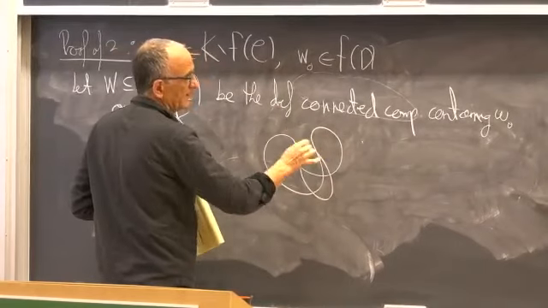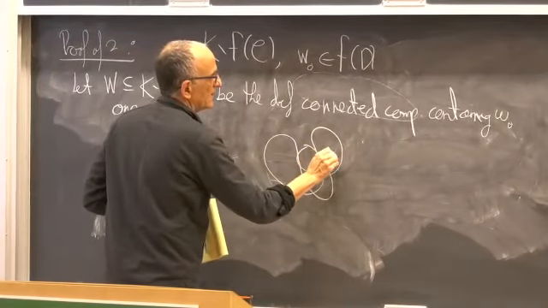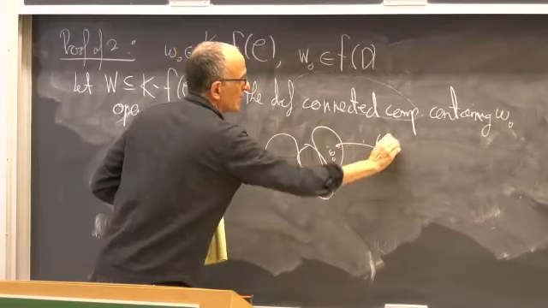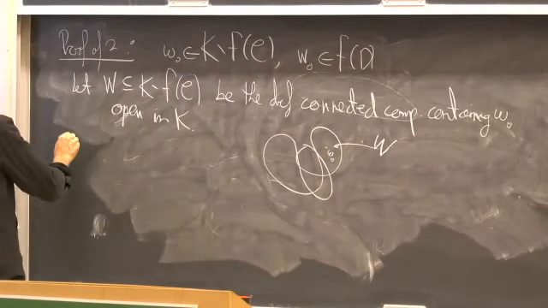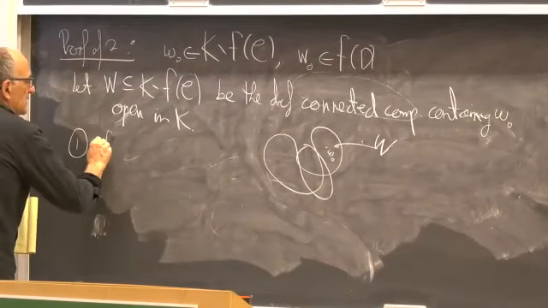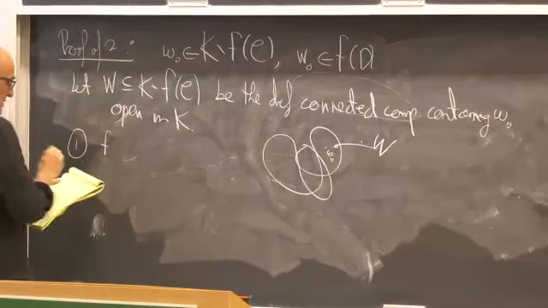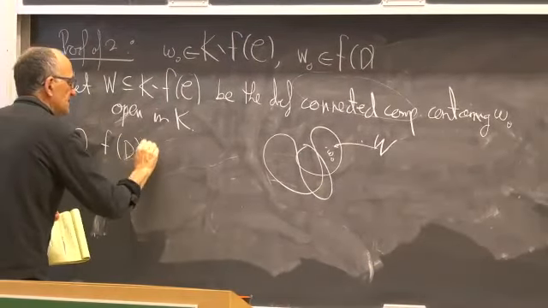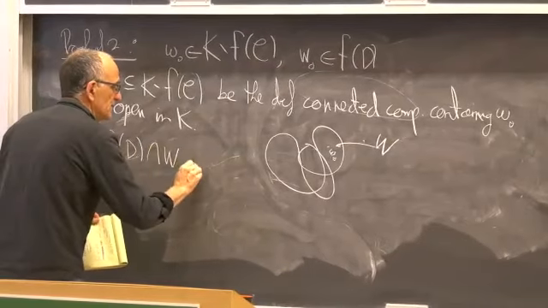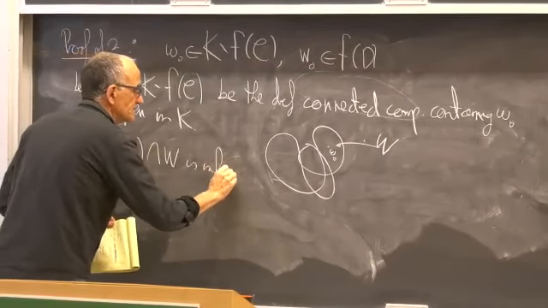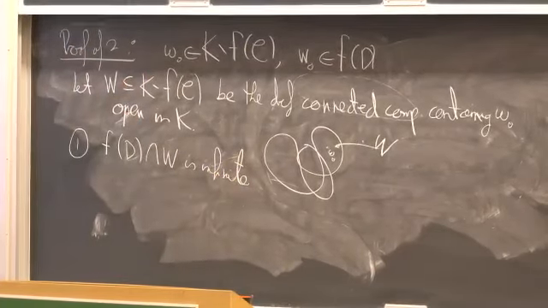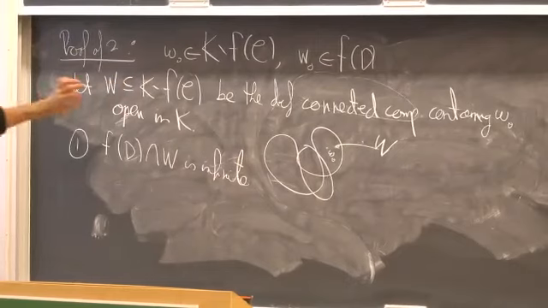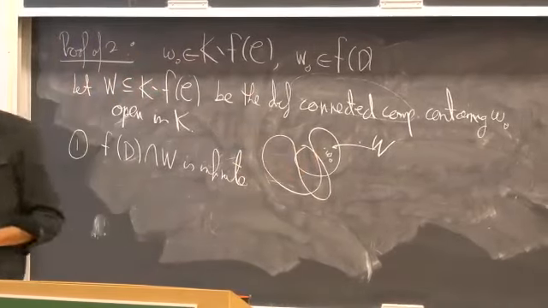I don't even know where f of d is, but W0 is here, and this is W. First thing is, notice that f of d intersection W is infinite. It already has W0 in it, because this is in f of d, but it has to be infinite.